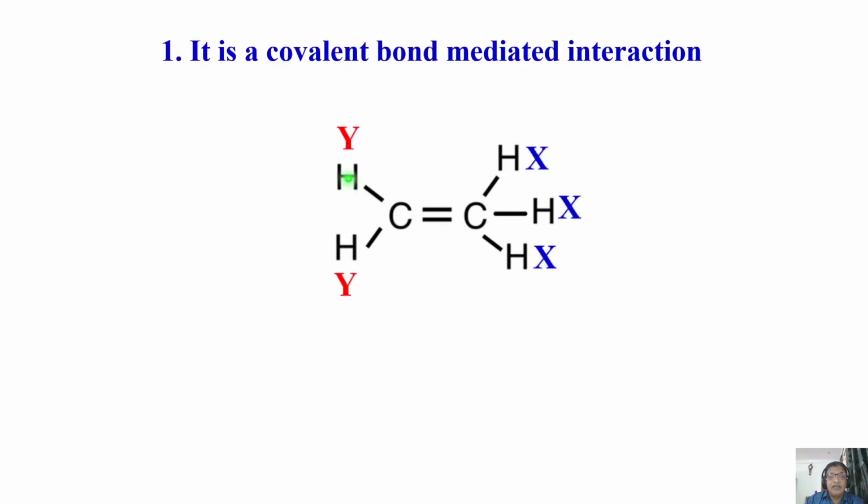Because of that, Fermi contact, Pauli principle, and then again Fermi contact, like that it keeps on going. So the magnetization or polarization of this proton is transferred to this carbon through bond, and this carbon to this proton through bond. So it's a covalent bond mediated interaction like this.